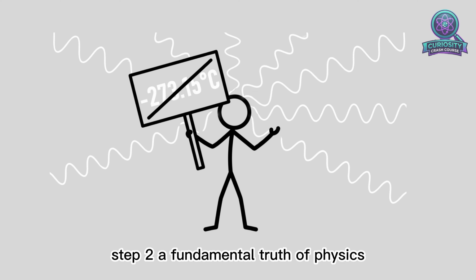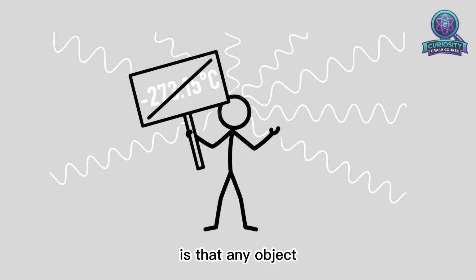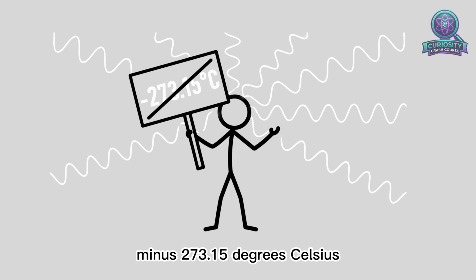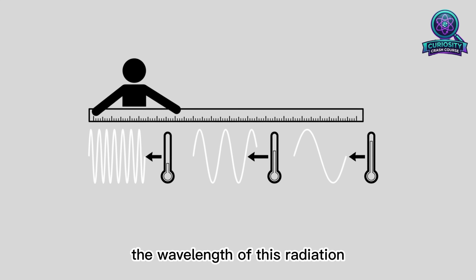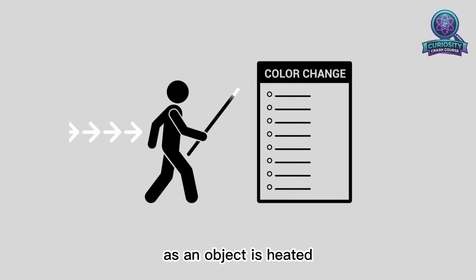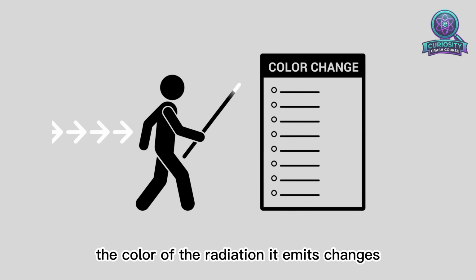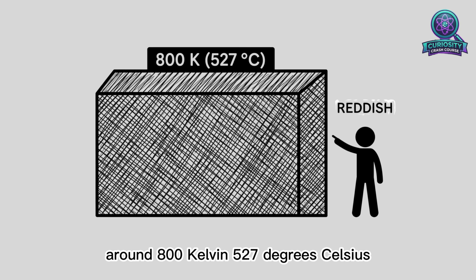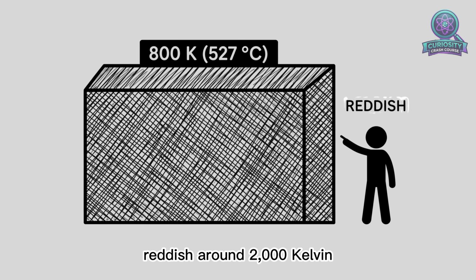Step 2. A fundamental truth of physics is that any object with a temperature above absolute zero, minus 273.15 degrees Celsius, emits electromagnetic radiation. The wavelength of this radiation depends on the object's temperature. As an object is heated, the color of the radiation it emits changes. Around 800 Kelvin, 527 degrees Celsius, reddish.